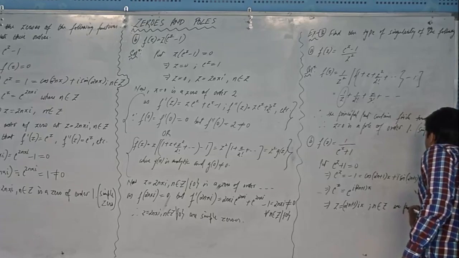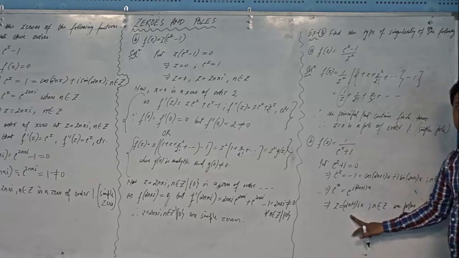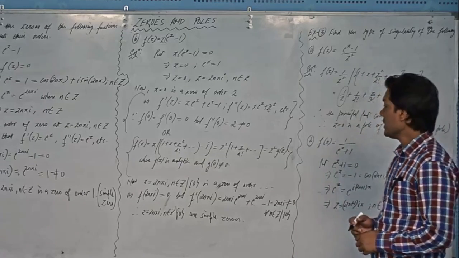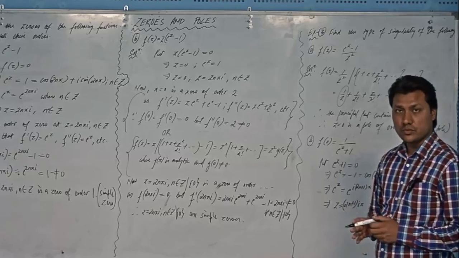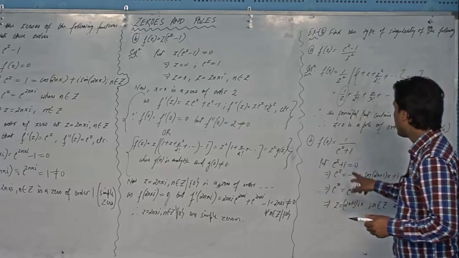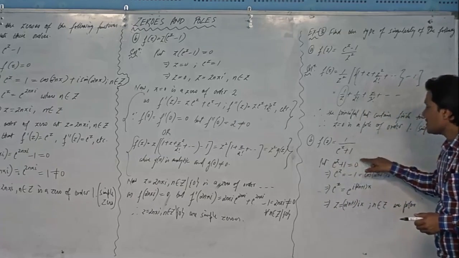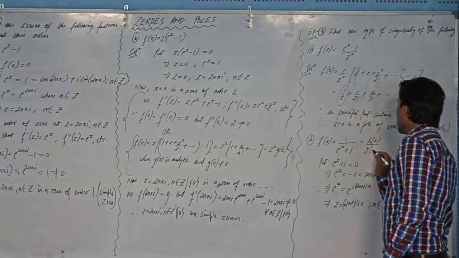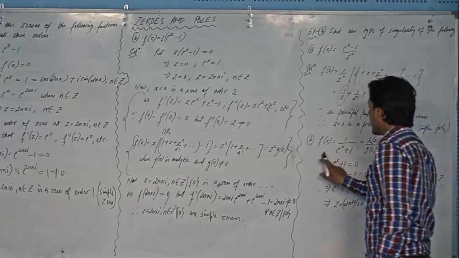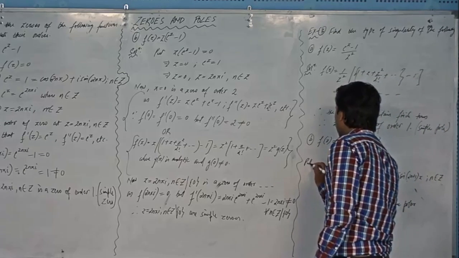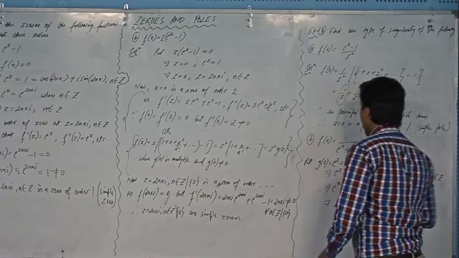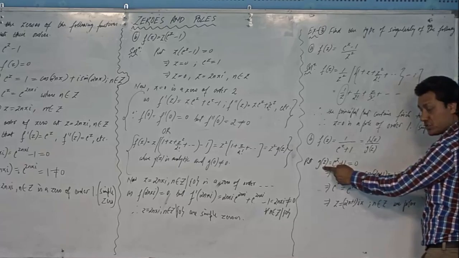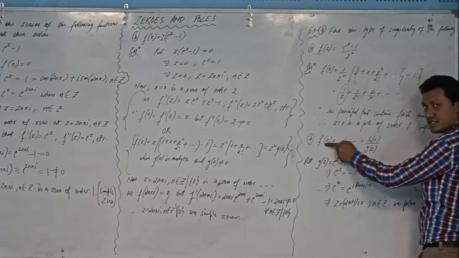Are poles, and if they are poles, then certainly there will be some order of these poles. And in order to find the order of these poles, I will find the order of zeros of my function g(z). Actually this is h(z) over g(z), and what I have done, I have equated g(z) equal to 0, right? And we found that these are the zeros of g(z), which implies that these will be the poles of f(z), right?